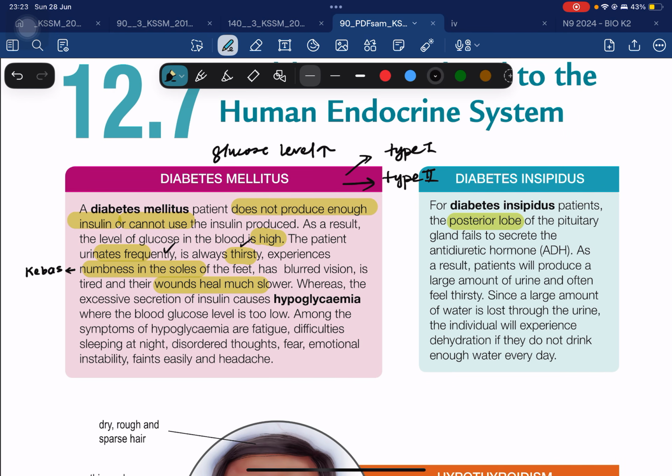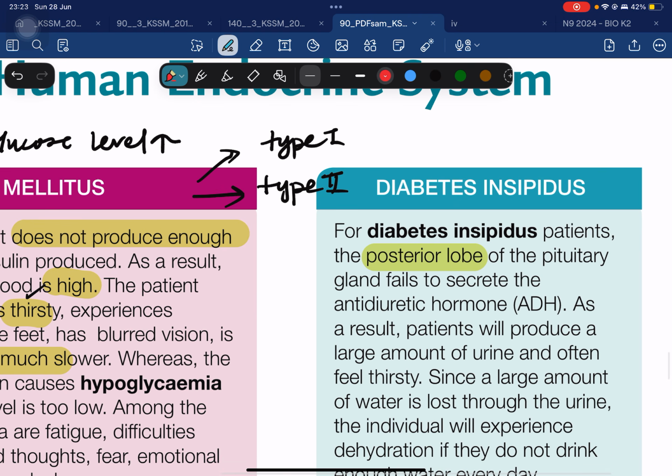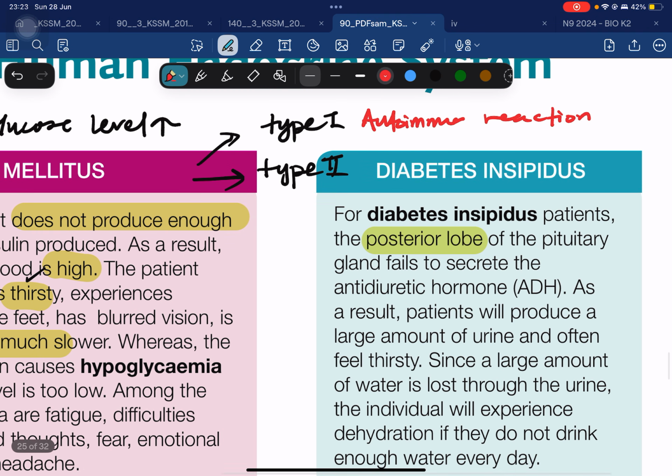For this condition, there are two types, which are type 1 diabetes and type 2 diabetes. For this one, I will just provide it as extra information for you. Type 1 diabetes is caused by autoimmune reactions.